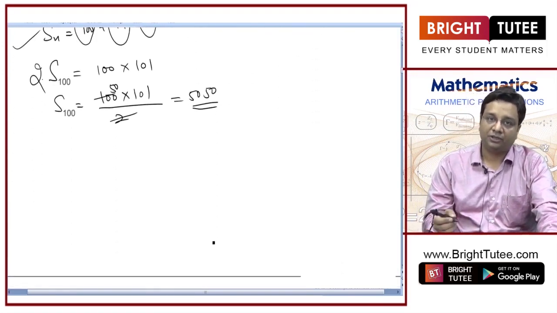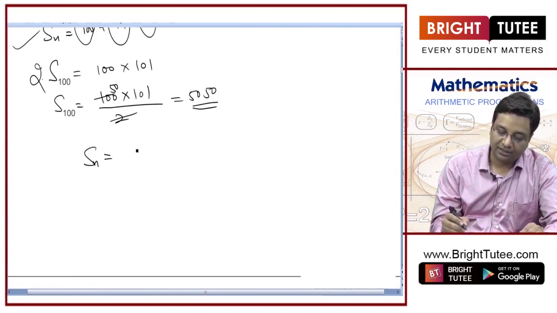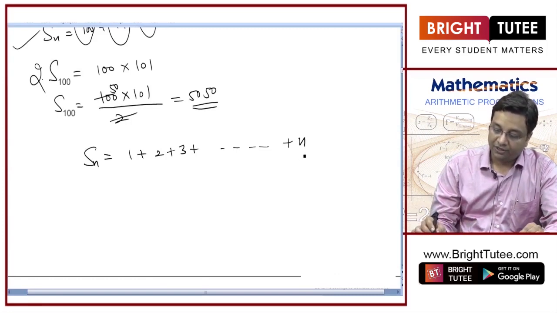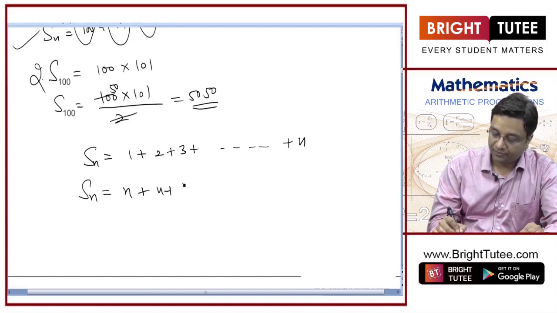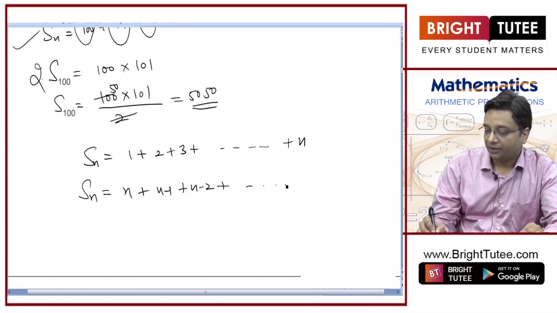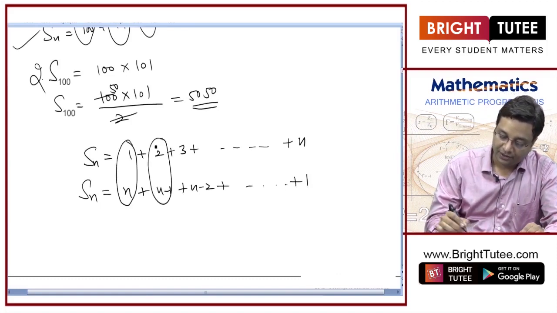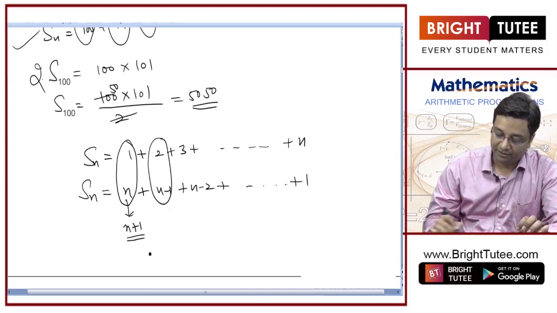We can derive a formula for this also directly. Sn equal to, let us say we take 1 plus 2 plus 3 plus up to n natural numbers, right? So if I want to derive the formula for this, I just need to flip these numbers, okay, and now I add the corresponding terms. I'll get n plus 1 every time, and how many times? n times, right?